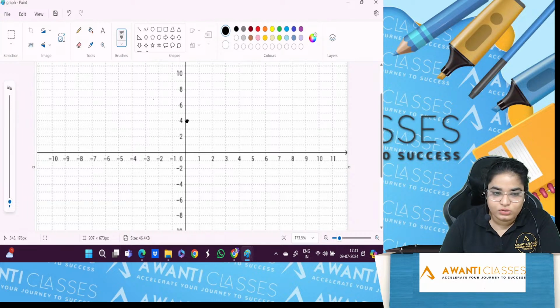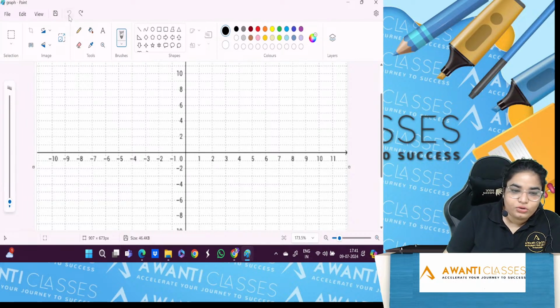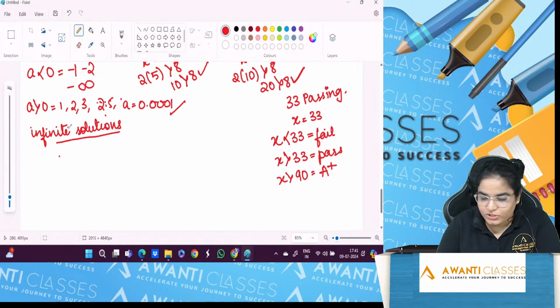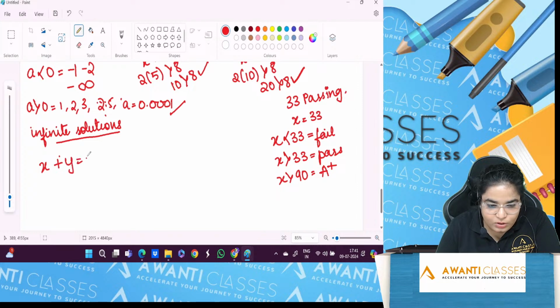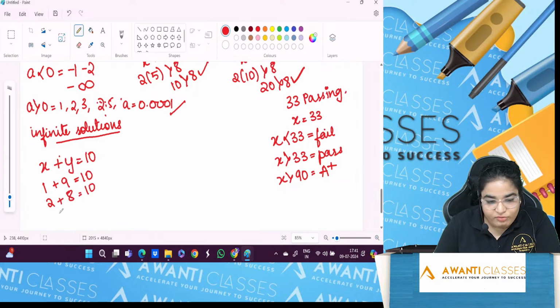Now, if there is an equation in two variables, if I say x plus y is equal to 10, if x is 1, y will be 9, yes or no? If x is 2, y will be 8, yes or no? If x is 0, y will be 10, yes or no?